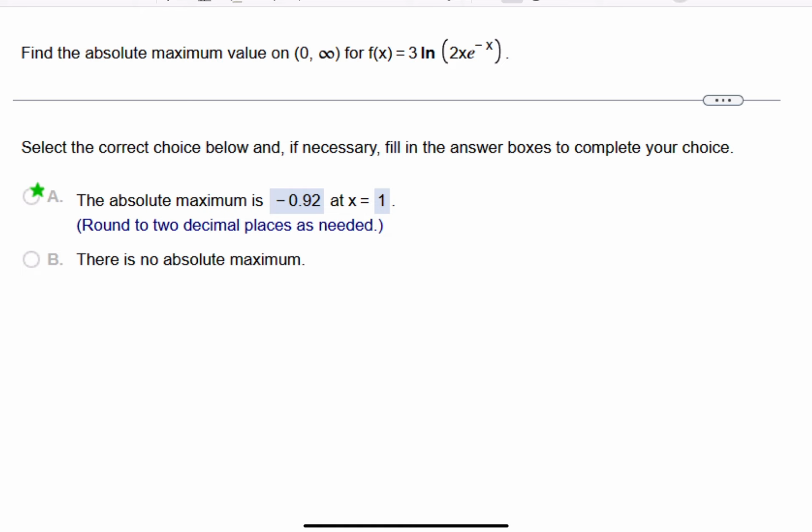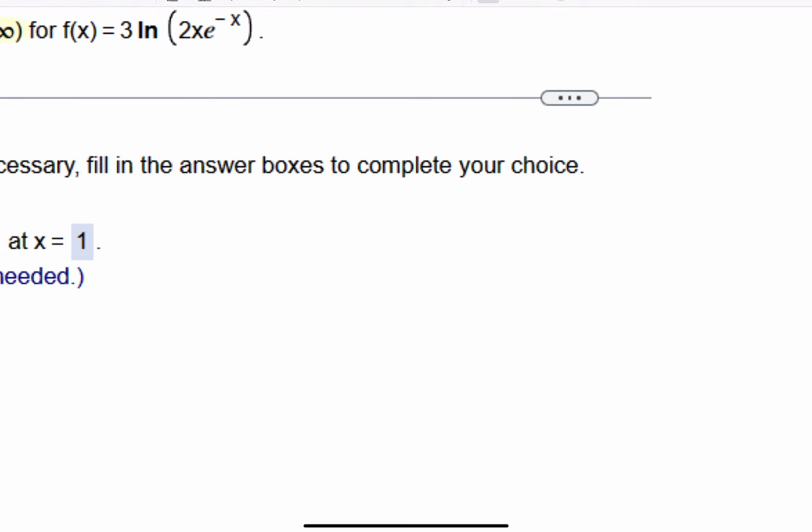Again, here they said find the absolute maximum in this interval 0 to infinity. So I don't have to think twice and I don't have to find my second derivative. All I have to do is simply find the first derivative. The function f of x is 3 ln of 2x e to the power negative x.